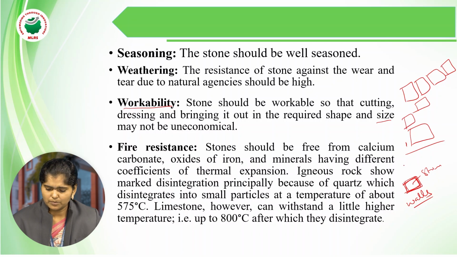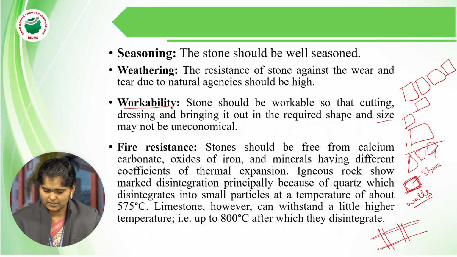Regarding workability, rectangular stones are used for walls, while irregular shapes of stones are used for ballast. What is ballast? This is a railway track. Here we observe the stones, irregular shapes. So it's called ballast.